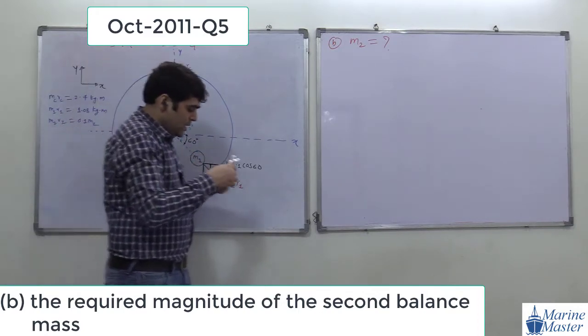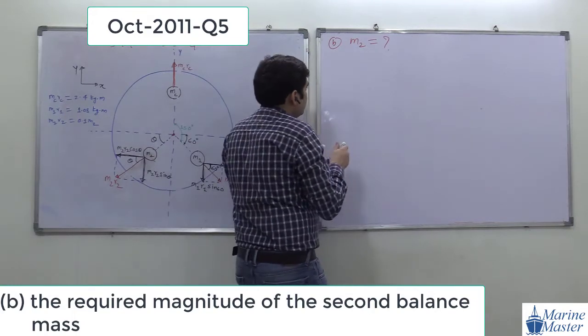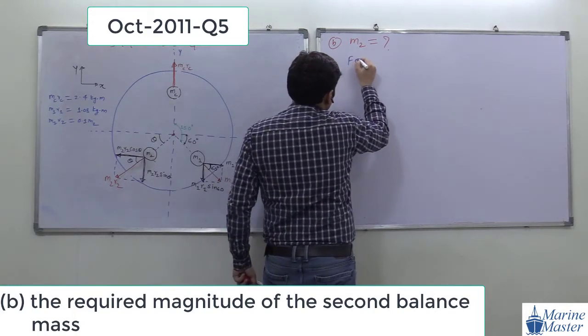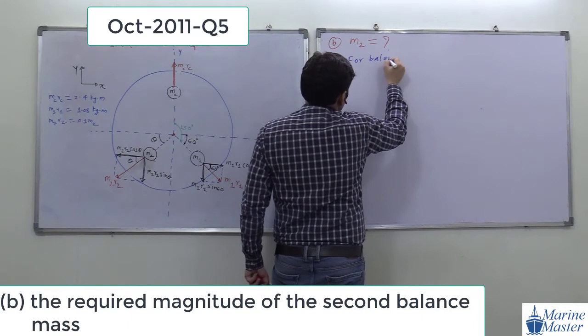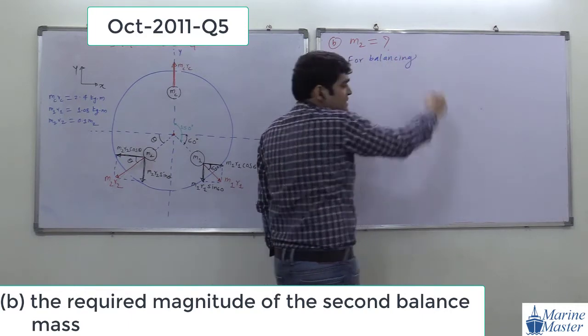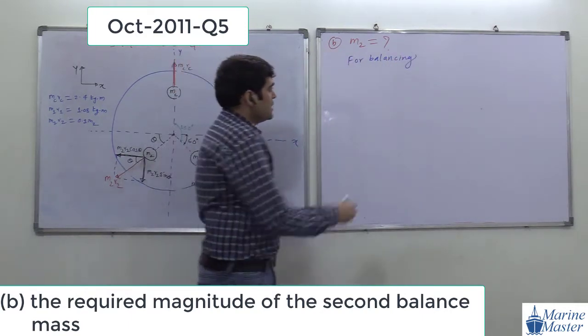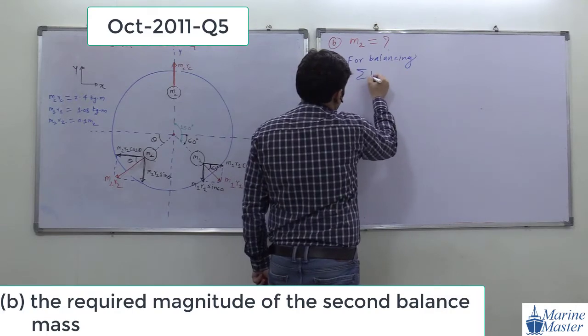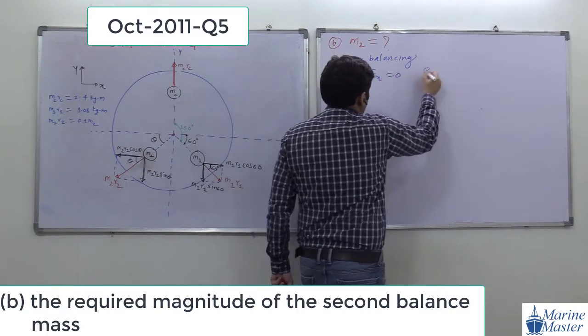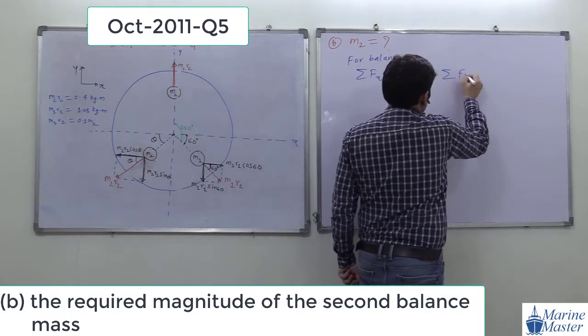Now we know for balancing, if the system is in balance, the summation of force in x direction must be equal to 0 and the summation of force in y direction also equal to 0.